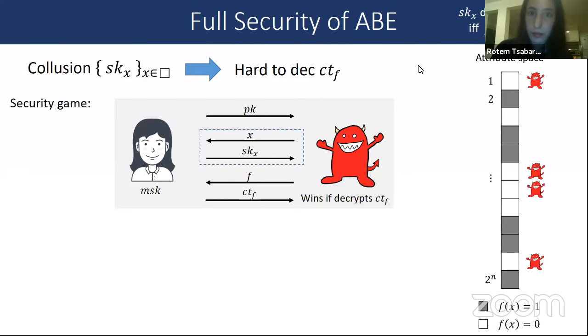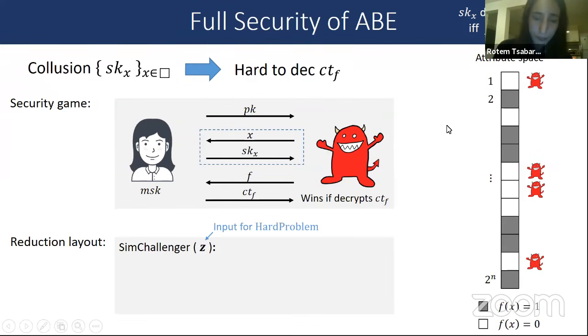Okay, so let's go back to why it should be hard to get this kind of security. So we would like to show a reduction from the adversary that has some advantage in this game into an algorithm that can solve a computationally hard problem.